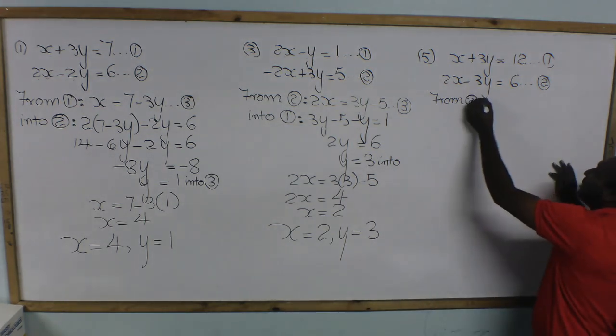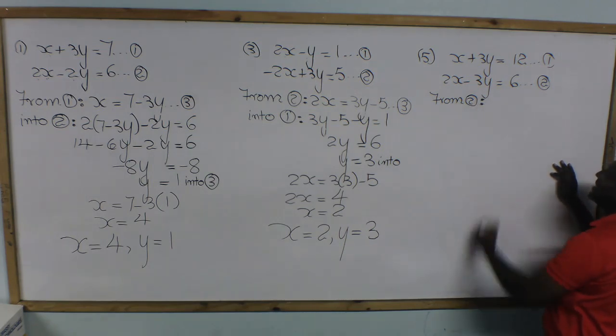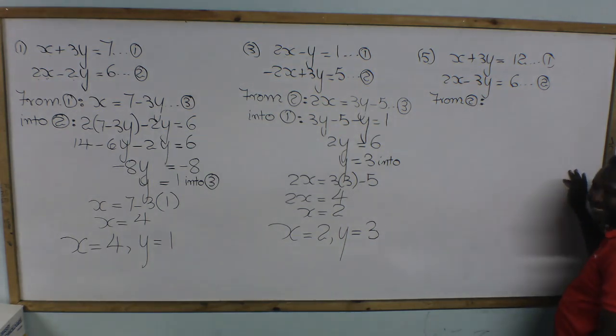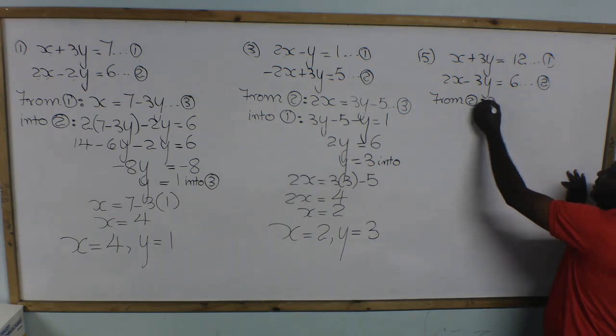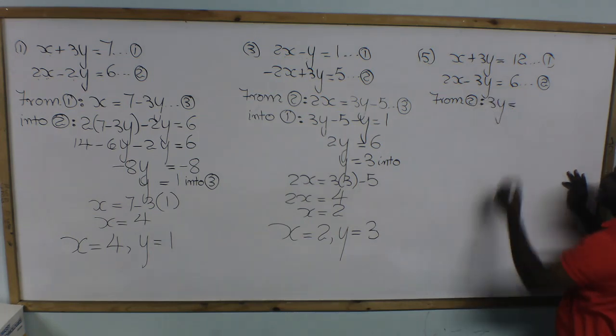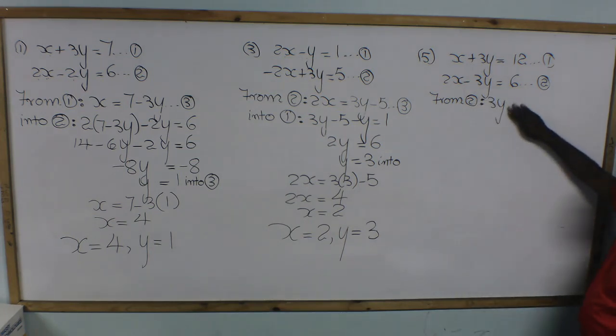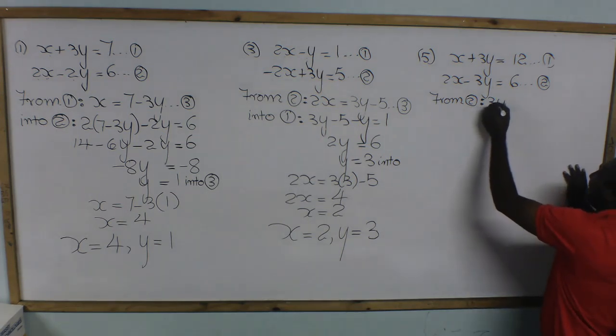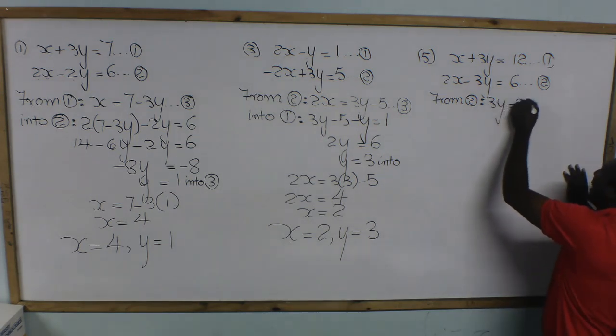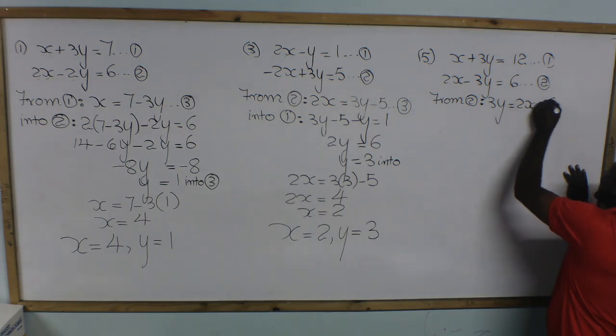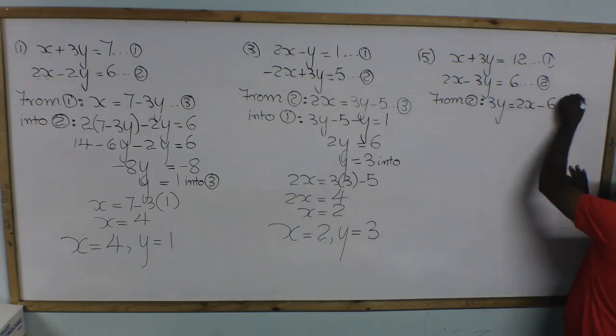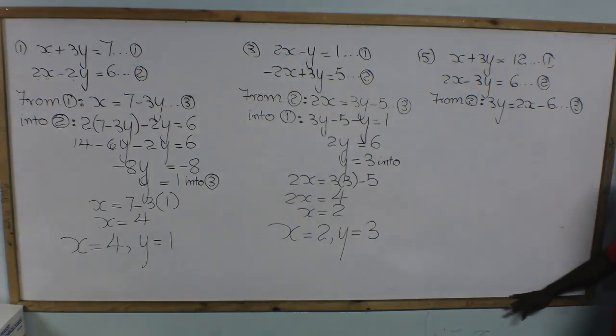Right, I will take from equation 2, and I will say 3y is equal to 2x minus 6. And that's your equation 3.